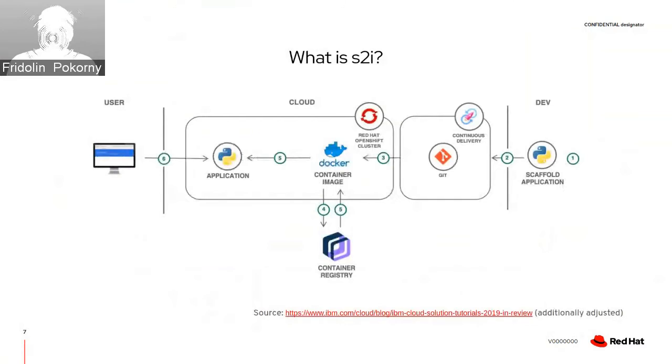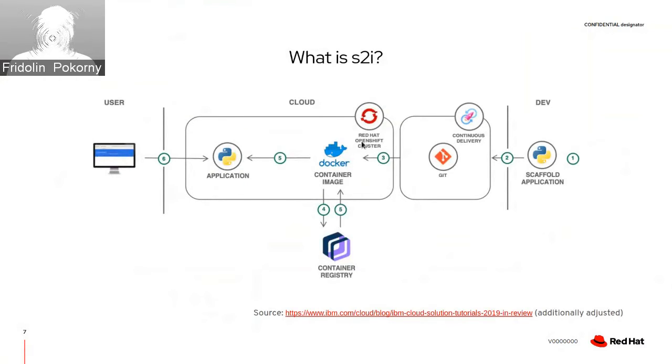So imagine you are a developer. You create a Python application and push it to a Git repository. If the OpenShift cluster is configured, it can automatically build a container image using sources present in the repository, based on triggers coming from this Git repository, or you can manually start the build process.